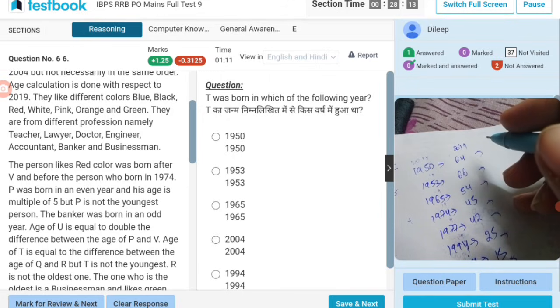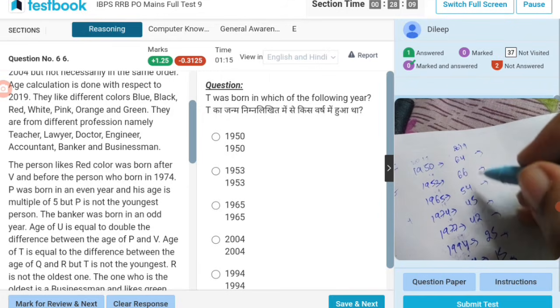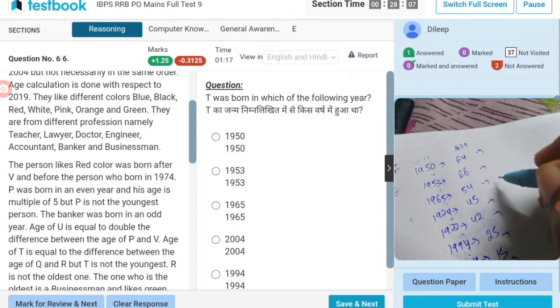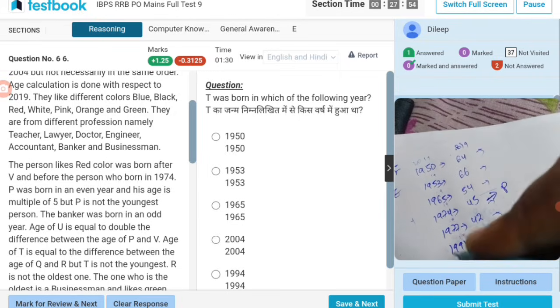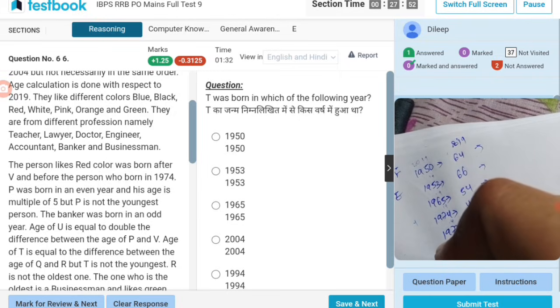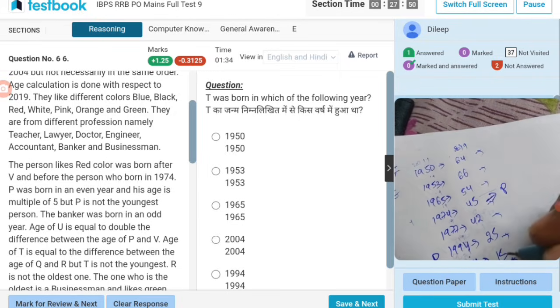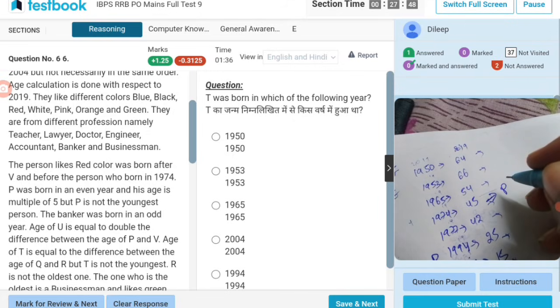The person who likes red color was born after V and before 1974. P was born in an even year and his age is a multiple of 5. The banker was born in an odd year.